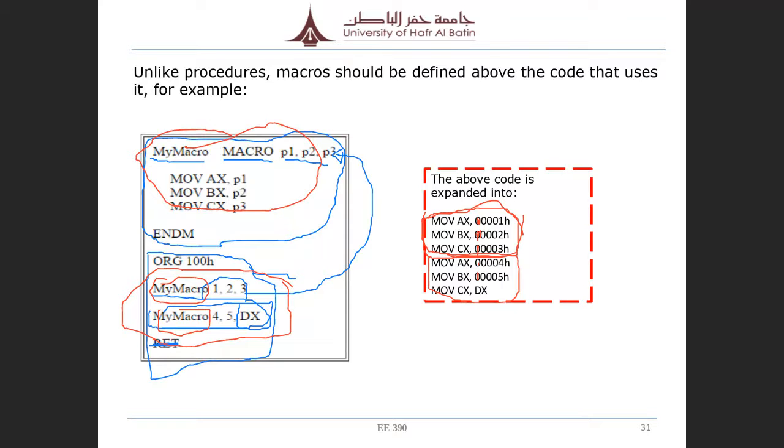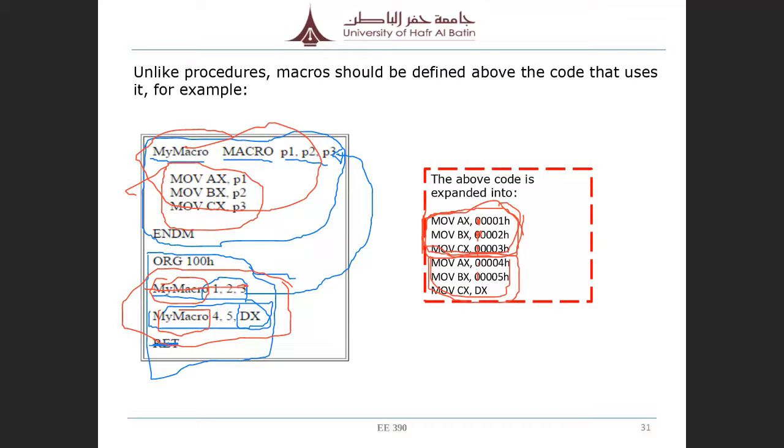But what is the benefit or disadvantage here? The disadvantage is, for example, here we are calling my macro 2 times. So every time we are doing 3 move operations, so this 3 move operations and this 3 move operations.